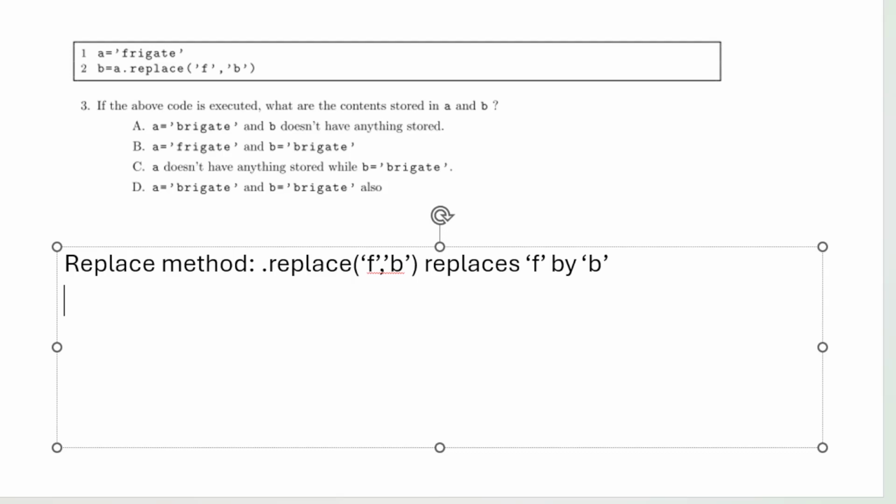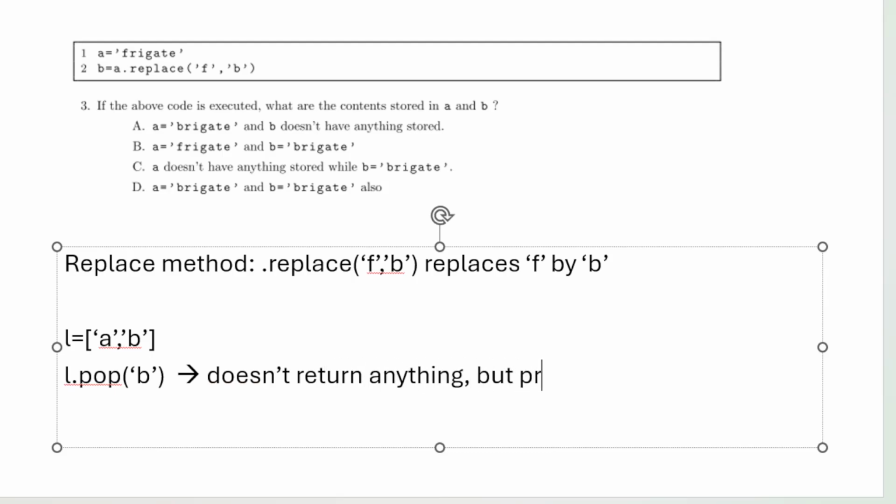So for example, if you have a list L equals to something like A, B, and then if you do L dot pop, let's say B, this one doesn't return anything but processes L so that L is now just A.